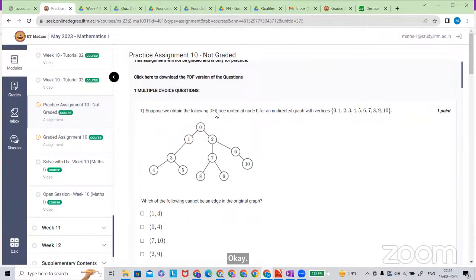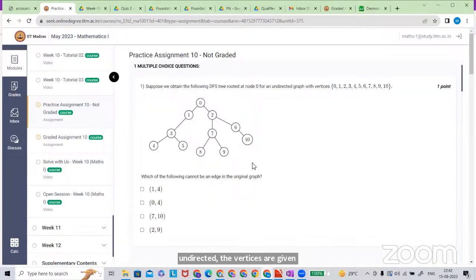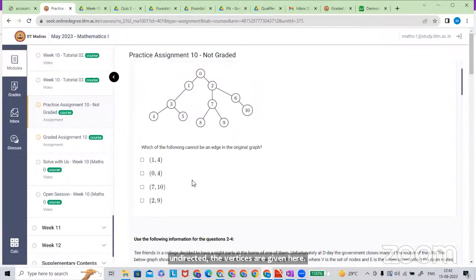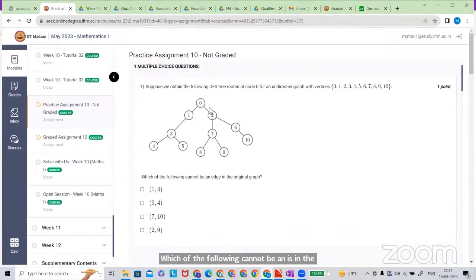Suppose we obtain the following DFS tree rooted at 0 for an undirected graph. Which of the following cannot be an edge in the original graph? So we'll do this only for DFS, not BFS, because the given tree is a DFS tree.